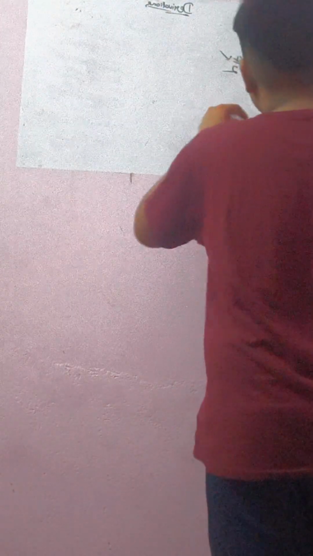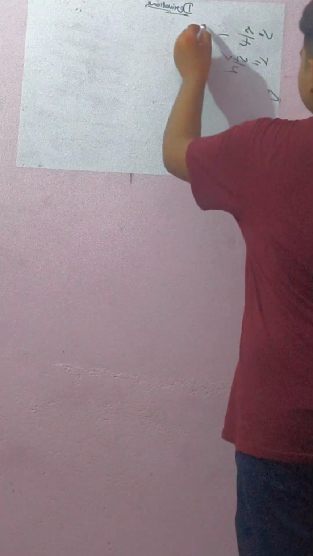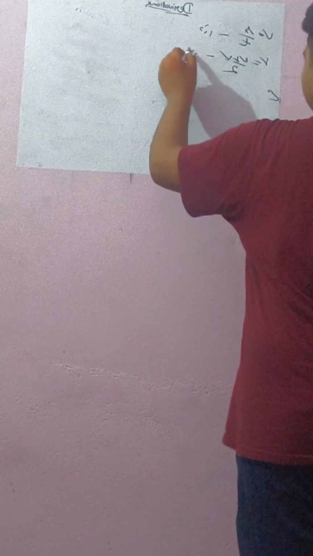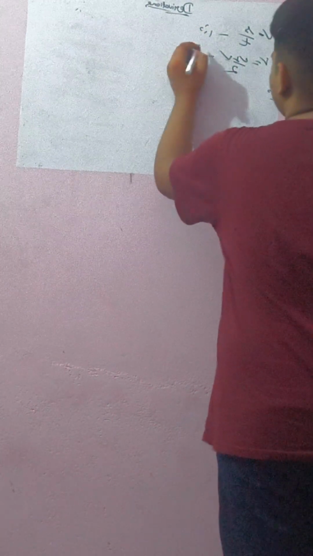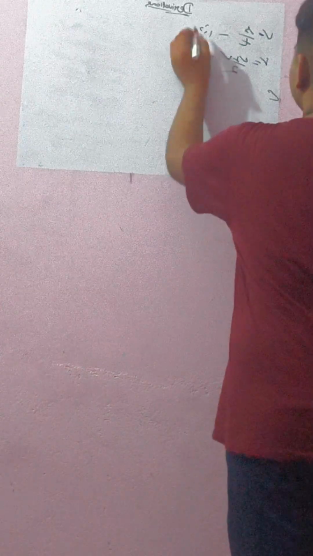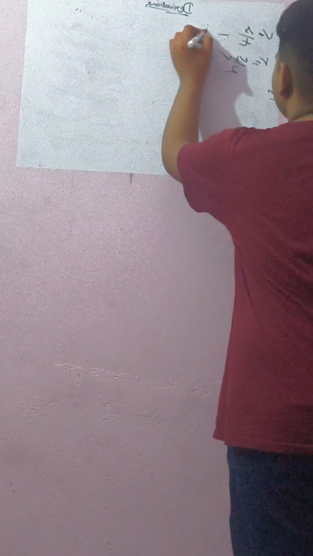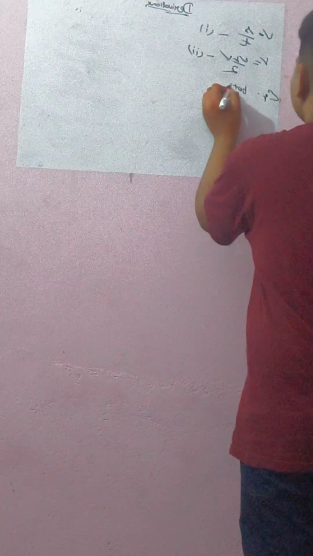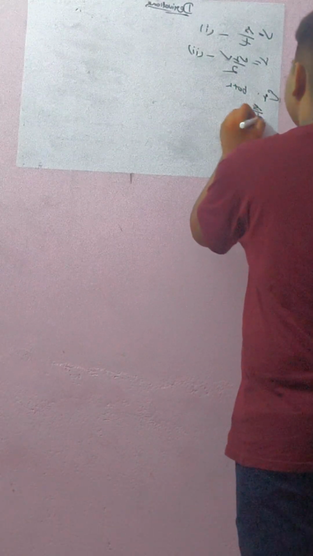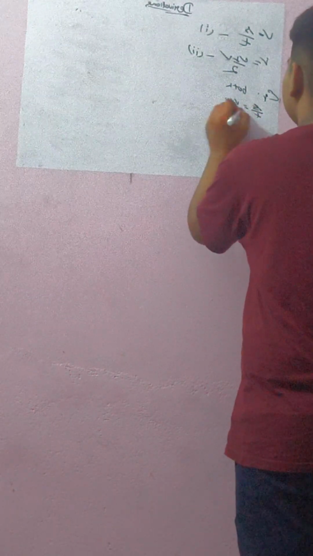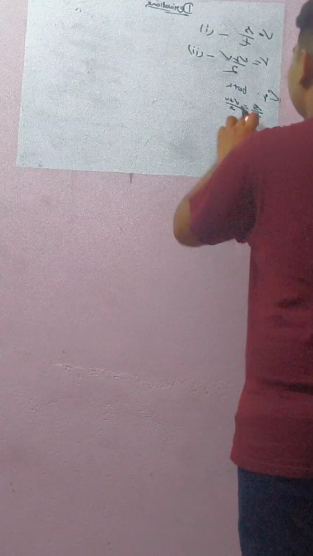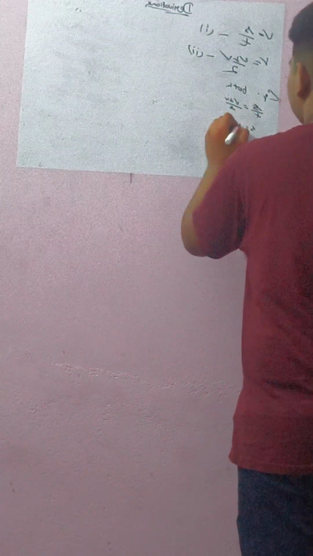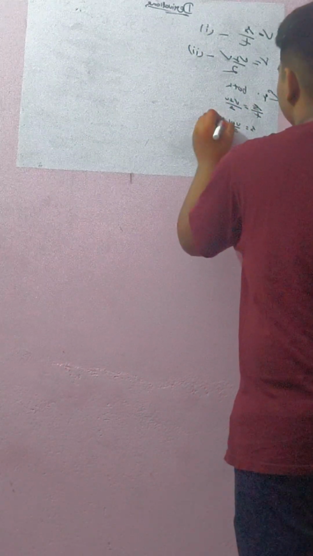Equating both equations like previously, this is equation first and this is equation second. Equating both, s upon t equals v plus u upon 2. We derive s equals u plus v upon 2 times t.